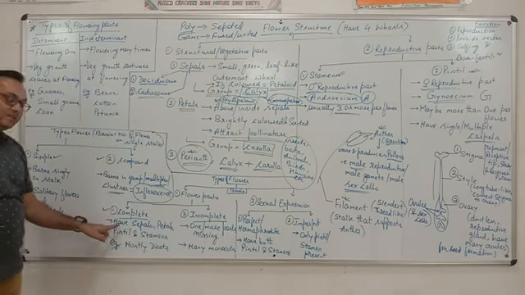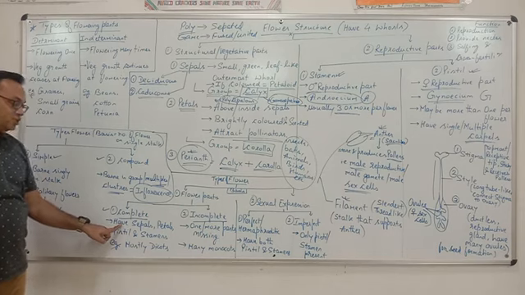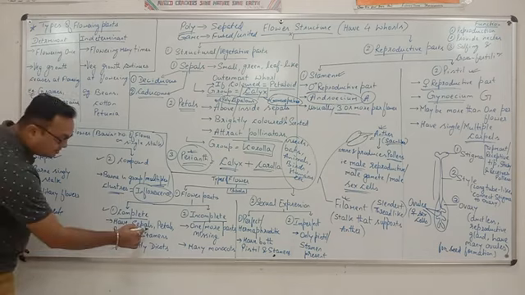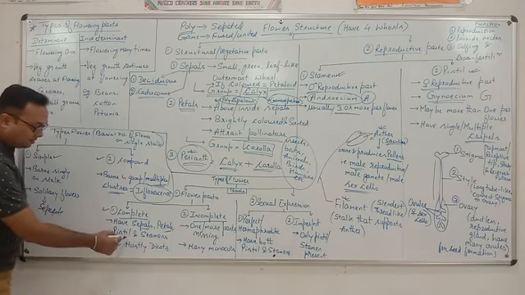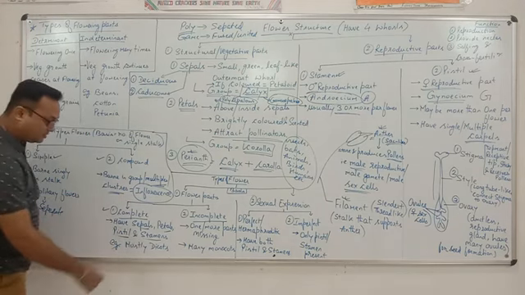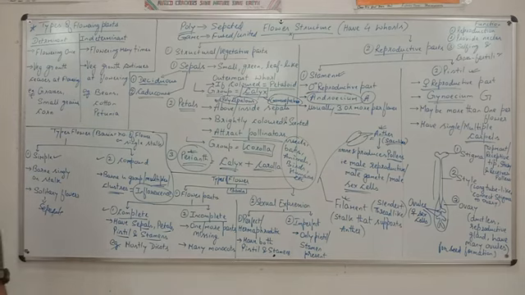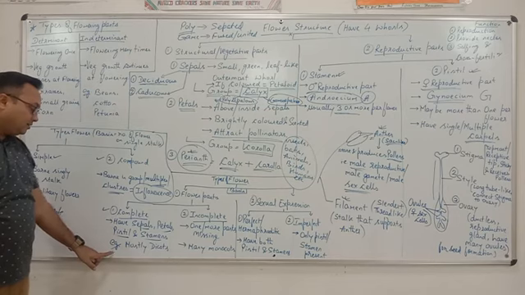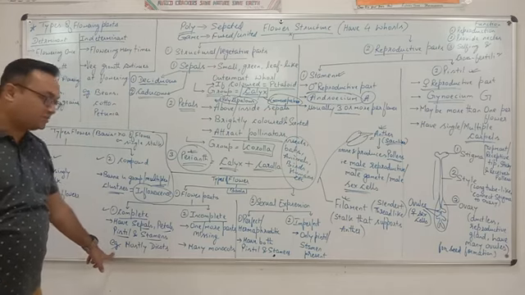A complete flower is that type of flower which contains all four whorls, that is, the sepals, the petals, the pistils, and the stamens. And mostly all the dicot plants consist of complete type of flowers.